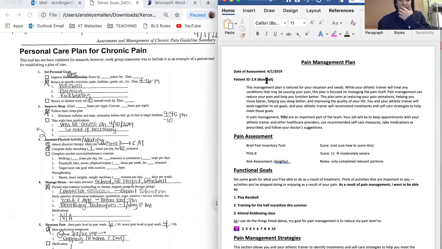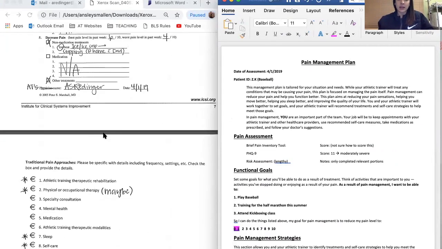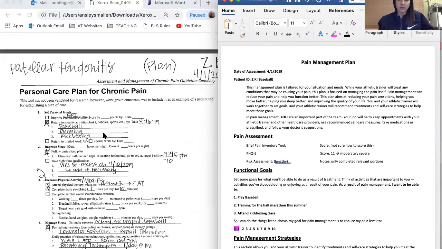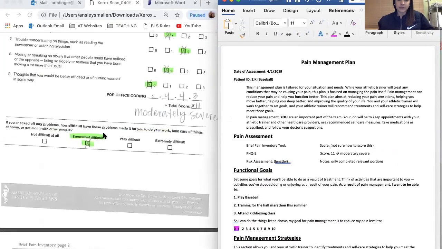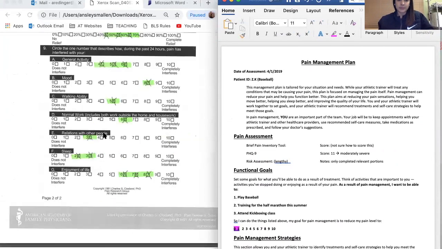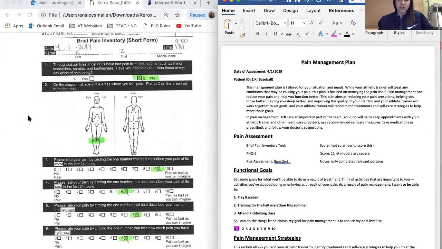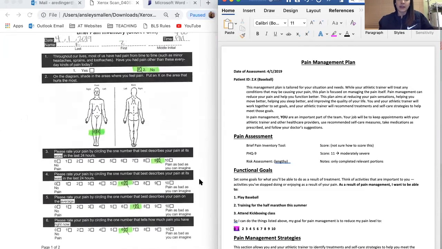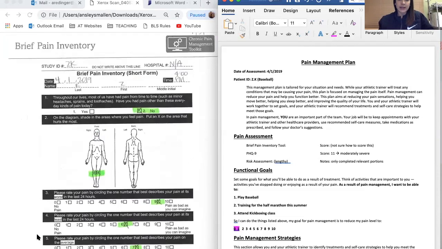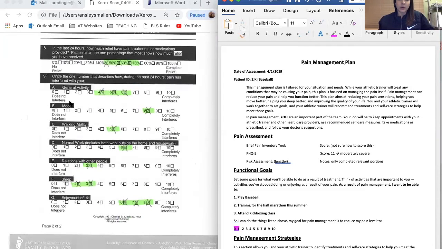I have a baseball patient, and the pain assessment that I did was the brief pain inventory tool. I think I have a picture of it over here somewhere. Yep, this is it. They are basically rating their pain: how high it was at its worst, the least, the average, how it is right now, and then how their pain is when they're doing certain things.